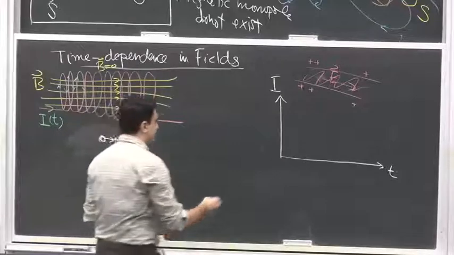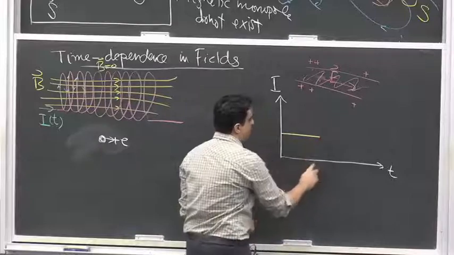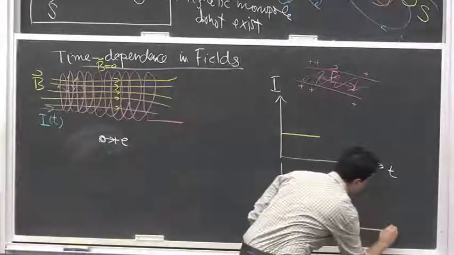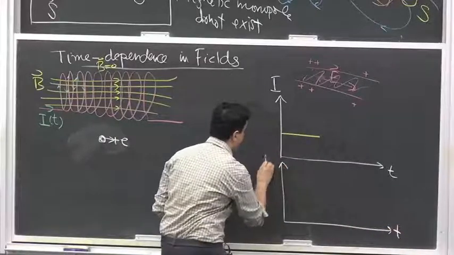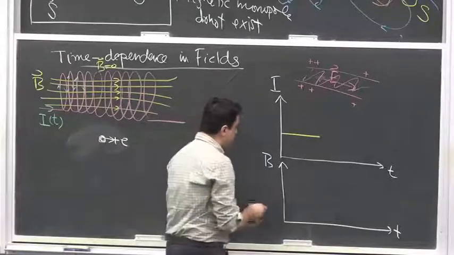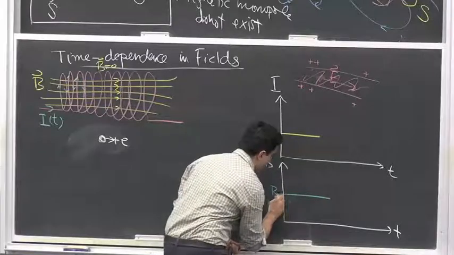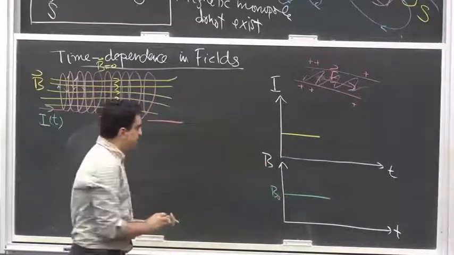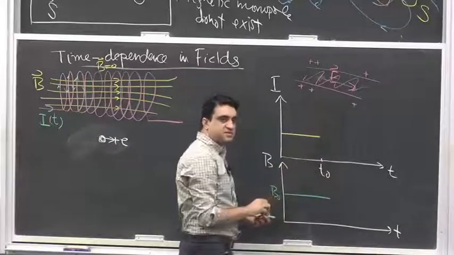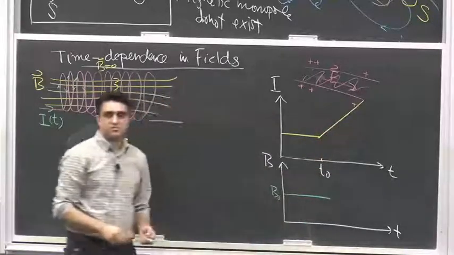As long as the current was constant, the magnetic field which was produced inside the solenoid was also of a constant magnitude, let's say B naught. What if at a certain time t naught, I decide to increase the current? So I linearly increase the current, that's what I do.